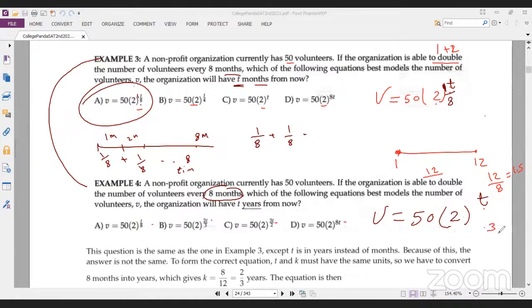I can write it as 3 divided by 2, 1.5, because we simplify by dividing by 4 and 4. So we have 3/2. It will happen 1.5 times per year, because the units are different here.